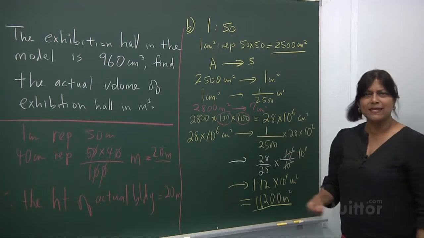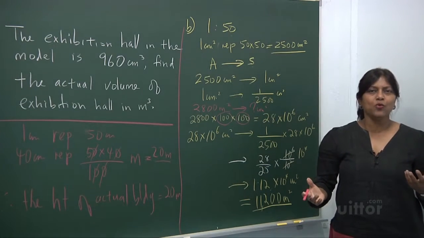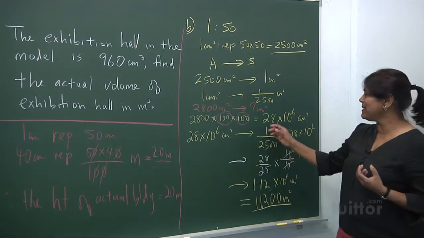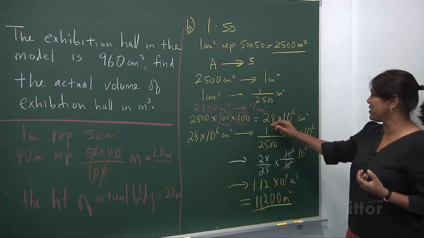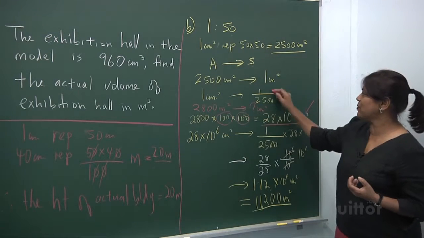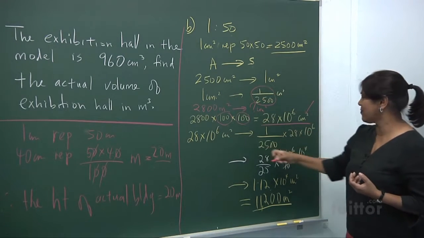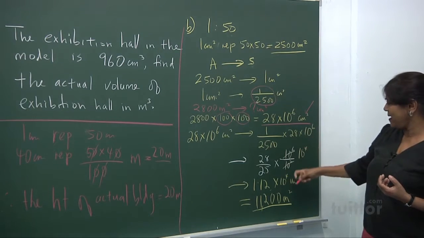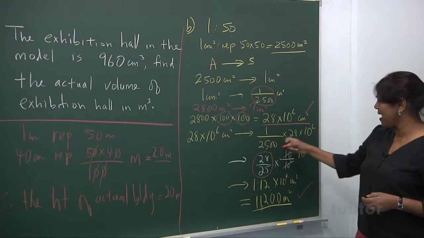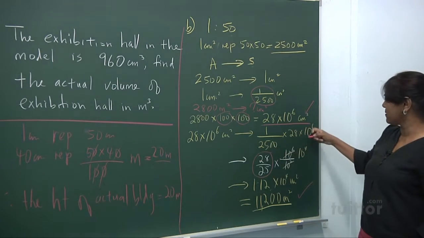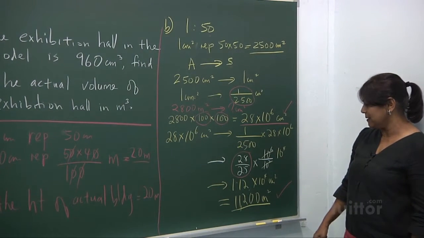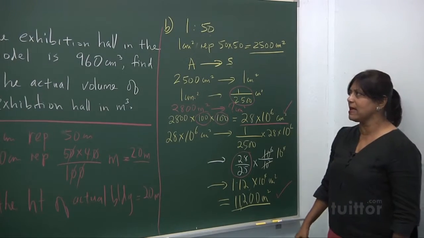To make it easy, if you put all the zeros, 2 zeros, 2 zeros, 2 zeros, you get 10 to the power of 6. If 1 cm squared represents so much, what does this represent? Just multiply, with simple logical reasoning. You look at that, 28 over 25, and 10 to the power 2 and 10 to the power 6, the power 2 cancels off. You get a wonderful answer: 11,200 cm squared.